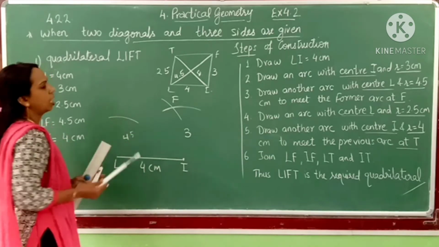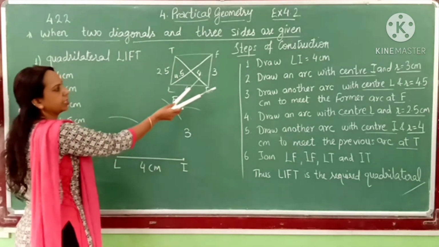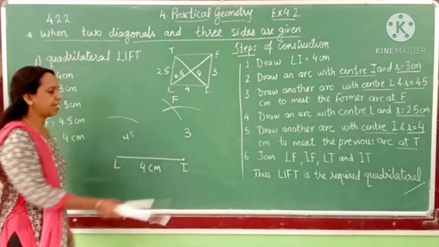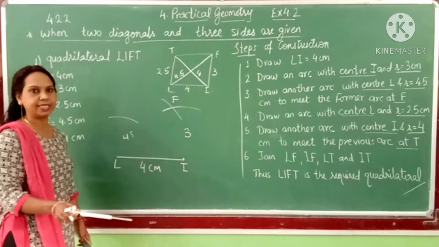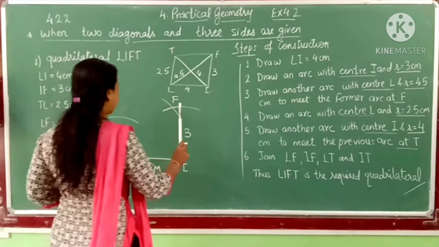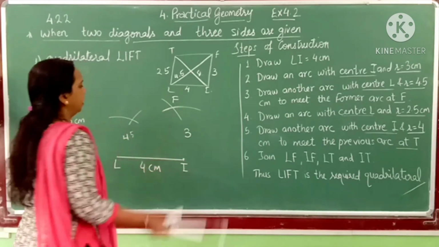Now another diagonal is IT. The measurement here is 4. So draw another arc with the center I and the radius 4. Again you take the measurement of 4 as the radius and with the center I draw one arc like this.